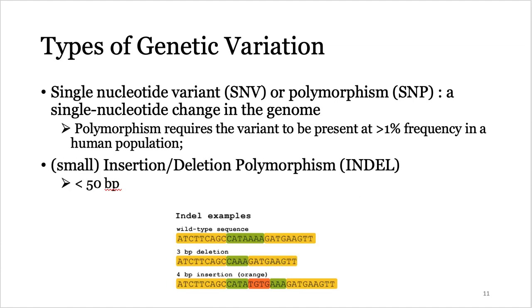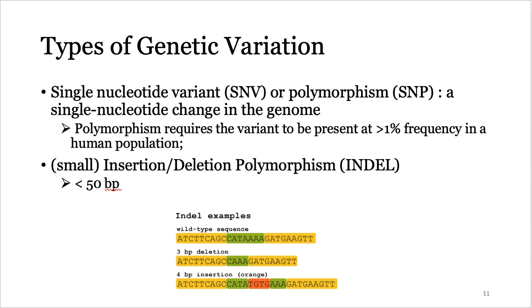Another type of very common genetic variation are the insertion-deletion polymorphism. And here I emphasize small insertion-deletion polymorphism. We call them indel. And this is a very important class of genetic variation that we study.